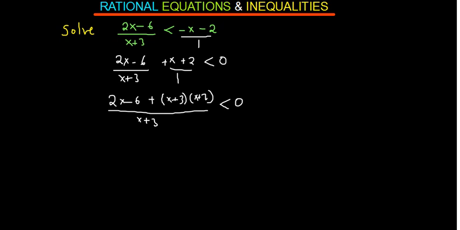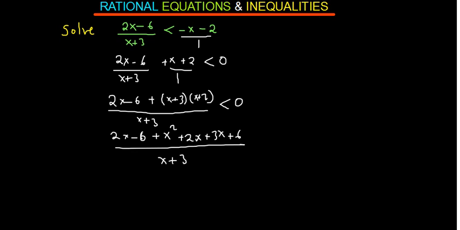From here, we have got 2x minus 6 plus, I'll multiply this x times the x there, that is going to be x squared, x times 2 there, that is going to be 2x, and then 3 multiplied by x, it is going to be 3x, and then 3 multiplied by 2, that is going to be a positive 6. The denominator only has x plus 3, and this is less than 0.